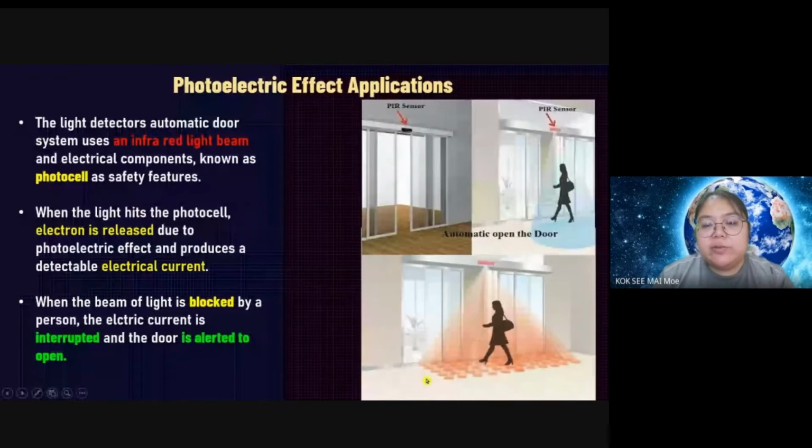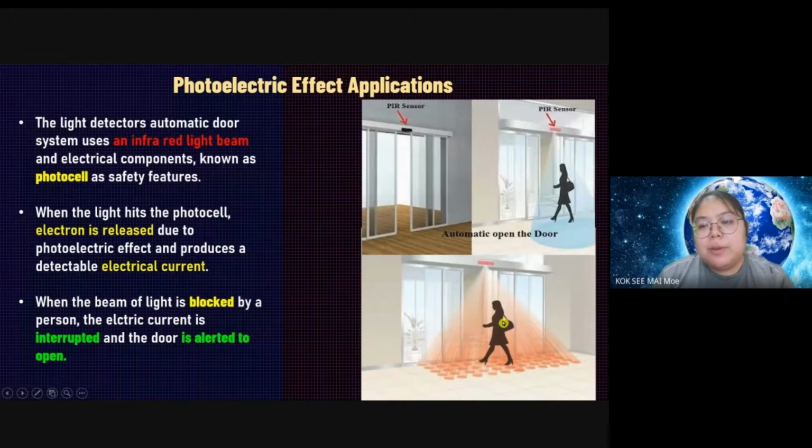But the sensing area is very small. You can see the red color, only this part. Sometimes you are waiting at the side, and the door keeps opening, closing, opening, closing, because it senses the area. It doesn't care whether you go through the door or just stand there. It senses a person, so it alerts and automatically opens. So this is one of the applications of the photoelectric effect.